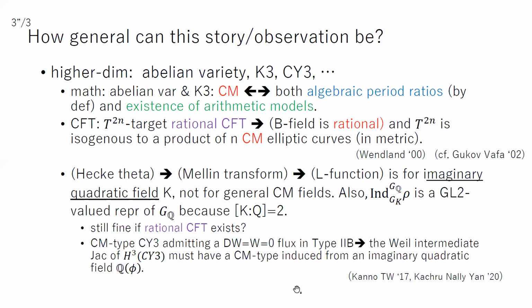When we assume that the Calabi-Yau threefold is of CM type, and if you require that the supersymmetric flux with zero cosmological constant is to be present in that Calabi-Yau threefold, then a general CM type Calabi-Yau threefold is not enough, but the rational cohomology, the Hodge structure of the target space of degree 3, has a CM type that is induced from the CM type of an imaginary quadratic field, and the imaginary quadratic field has to be the one generated by the axio-dilaton expectation value in type IIB string theory.